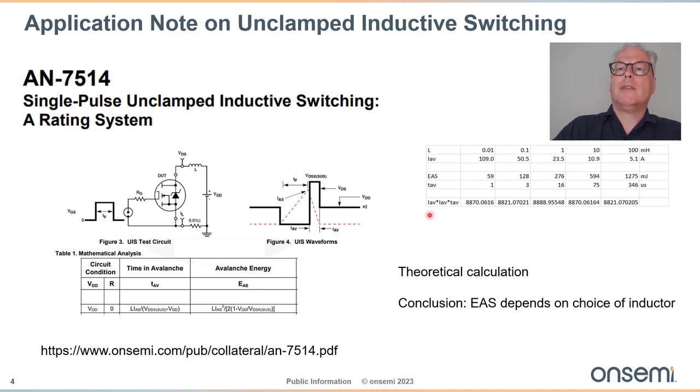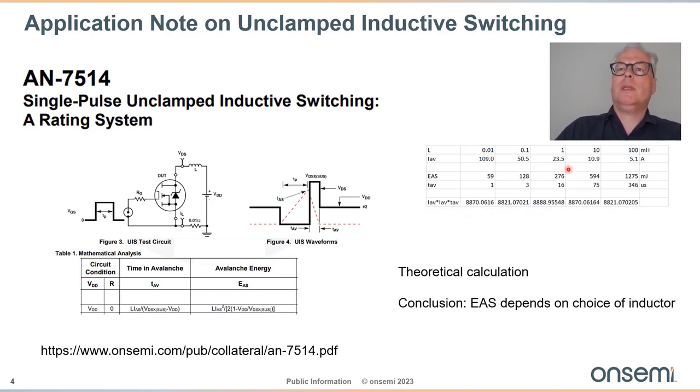What we find is that the avalanche current squared times the TAV, so I squared TAV, is like I squared T for a fuse, and is generally constant in the simplified models. It's actually a little bit different with measured data, but this is a good initial model.